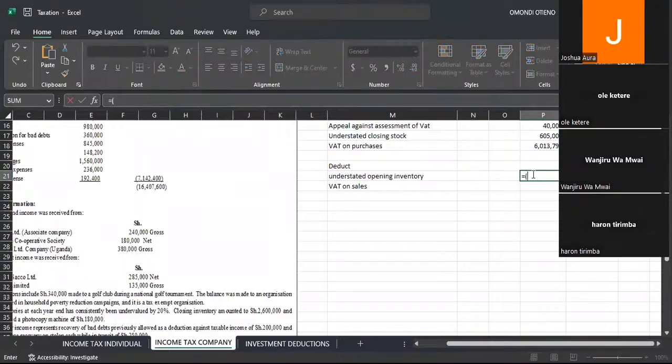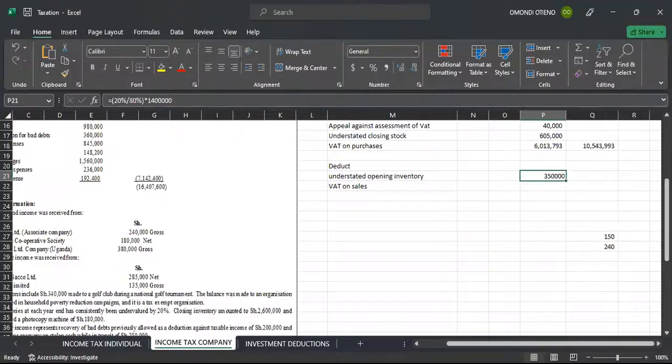So the missing 20%, we divide by 80%, and then we multiply by the value given to us, which is 1,400,000. If you do that, you'll be able to get 350,000.